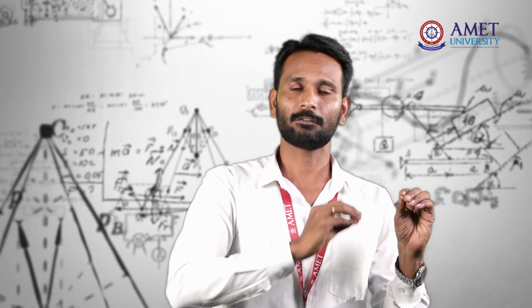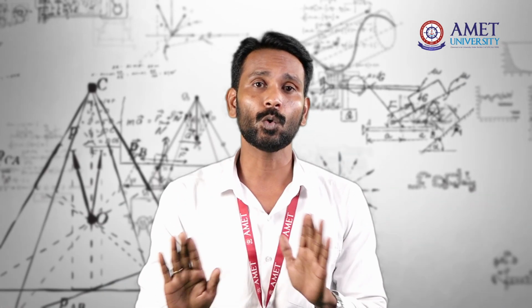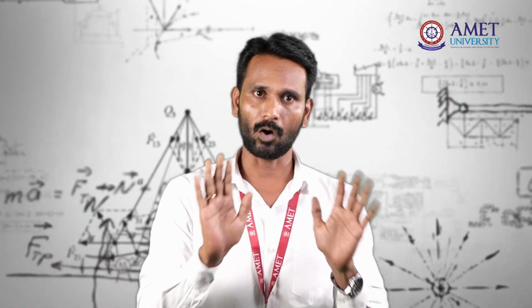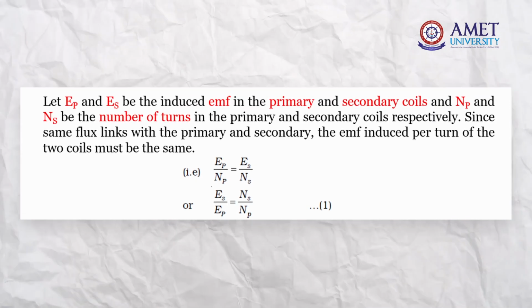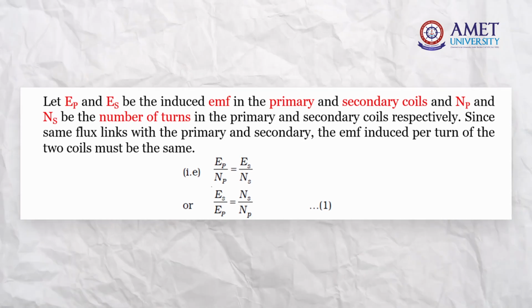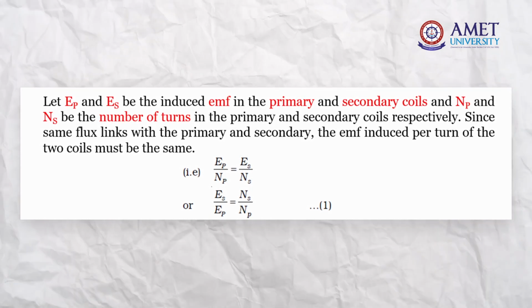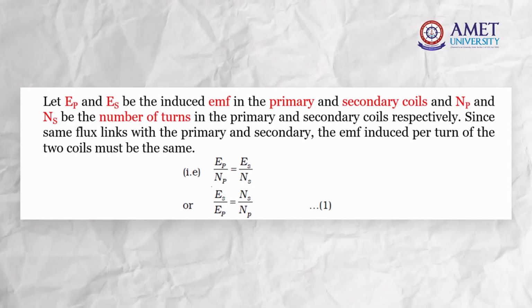Then there are no losses, and the EMF generated in the secondary coil equals the primary coil EMF. That is ES/EP = NS/NP. That is equation number 1.